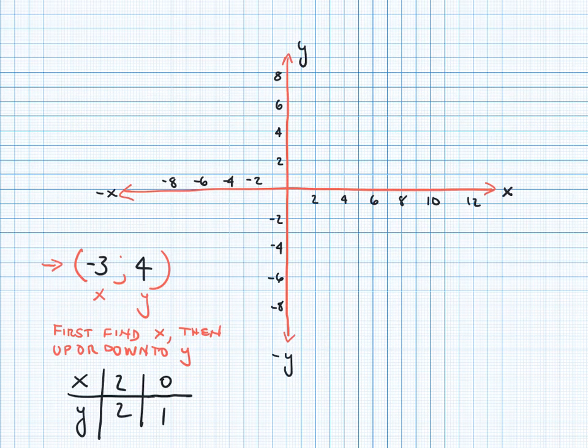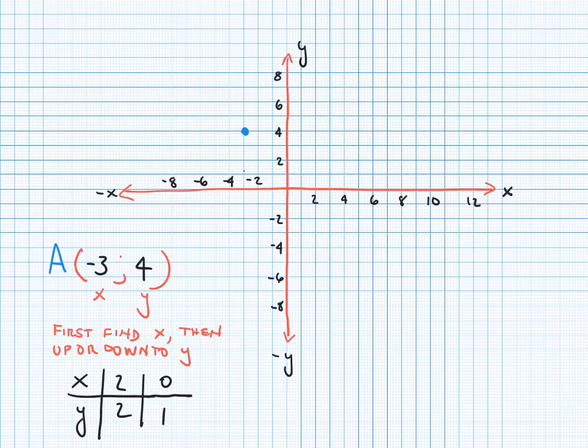The first thing is we need to find the coordinate for -3. And it's an x-coordinate, so it has to be here on the x-axis. So if I go to the x-axis for the negative numbers, I go back to -1, -2, and -3. So without moving my pen or pencil from there, I'm at -3 for the x. I now need to go to where y is 1, 2, 3, 4.